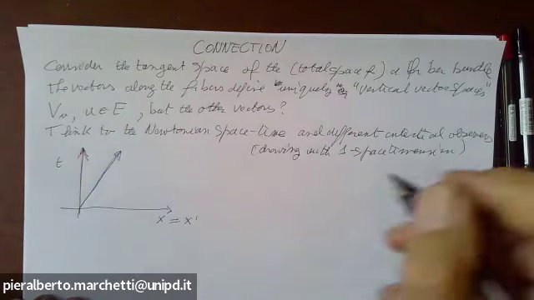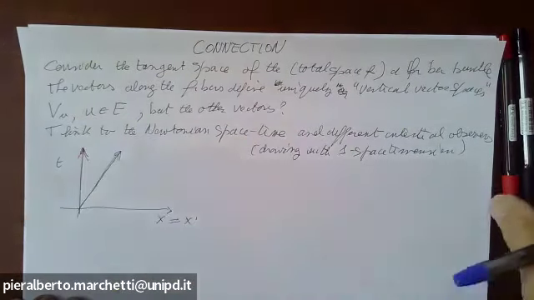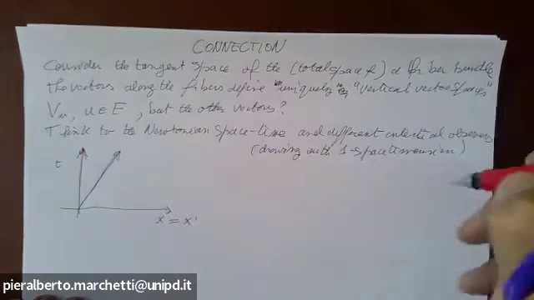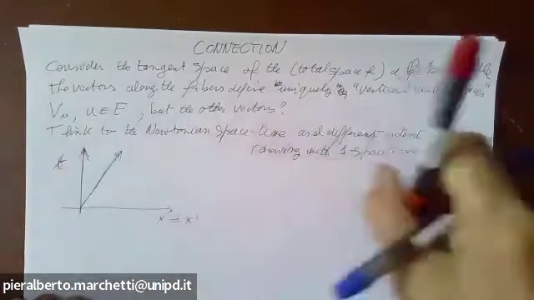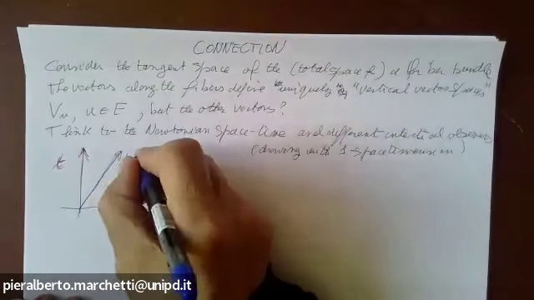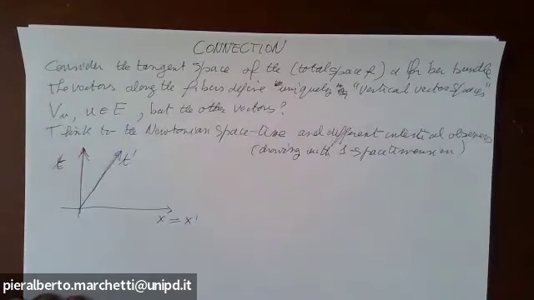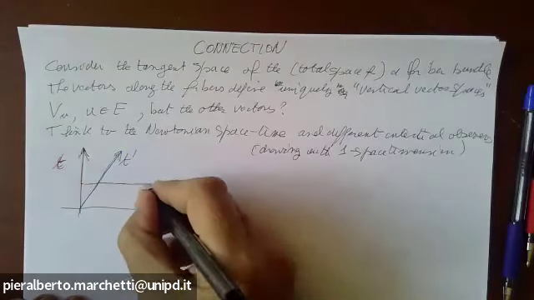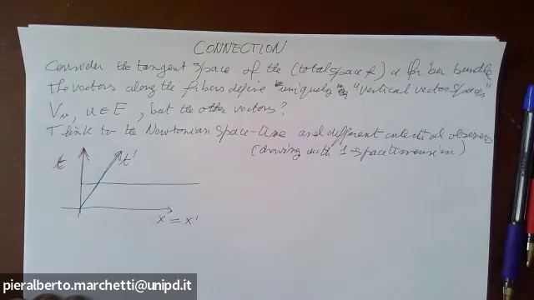So if this is the time axis for the red observer, this is the time axis for the blue observer. Now, we have already said that the time is the same for every observer.